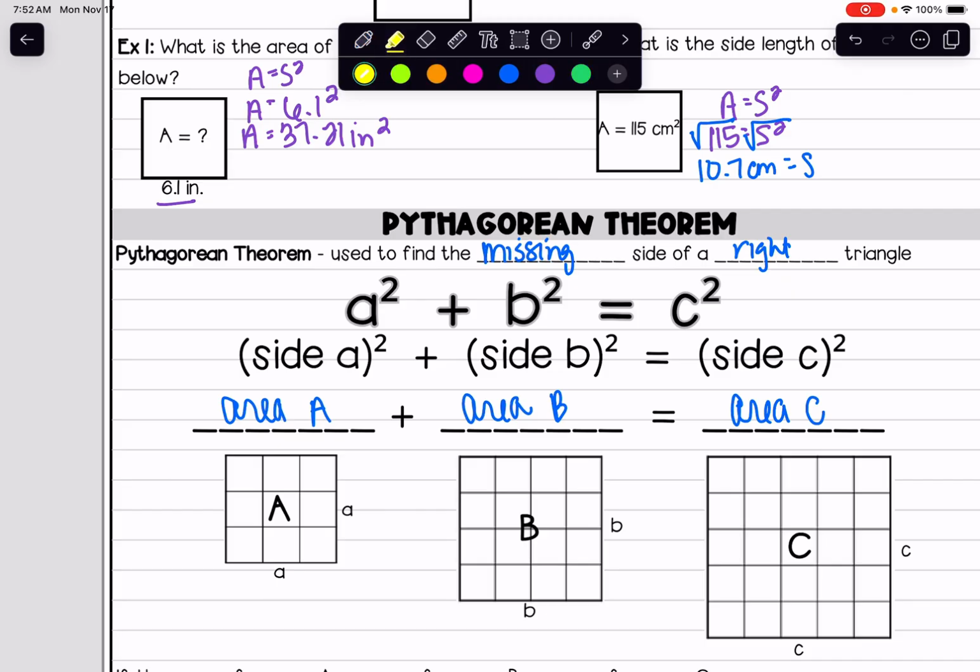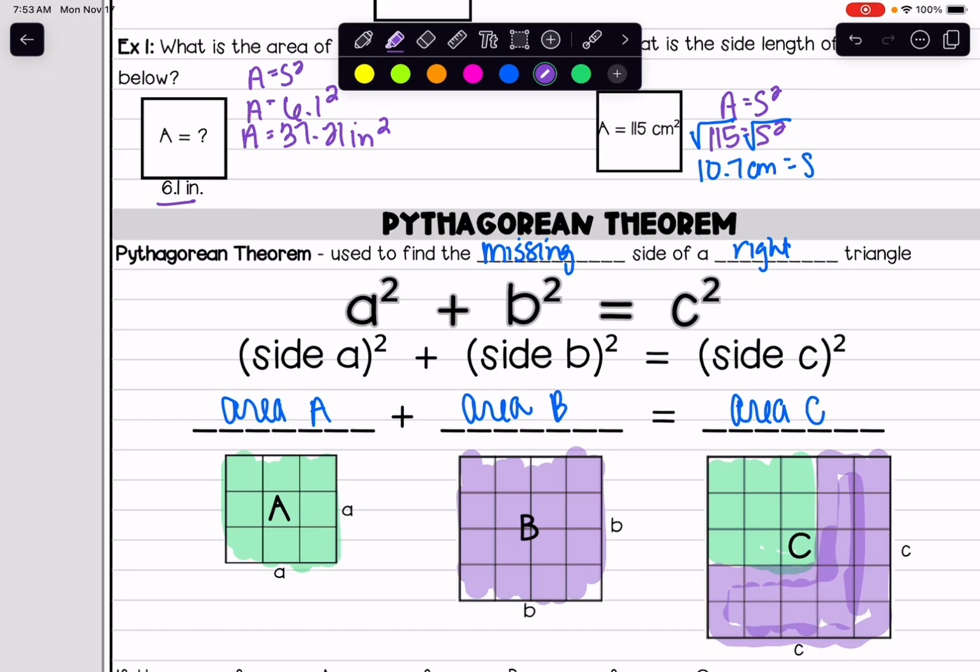So basically, if I take this, I know I'm going to have 9 of these that are this color. And then if I take these 16, I will have 16 here that are this color.